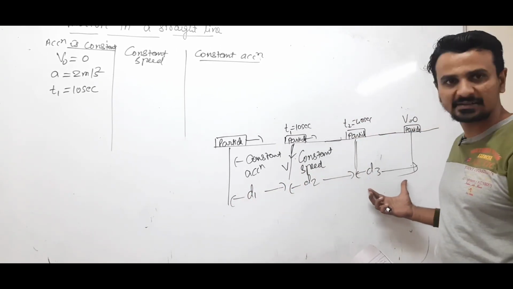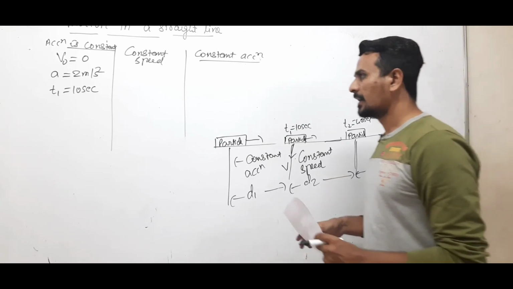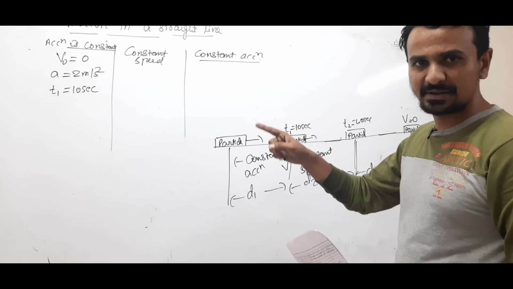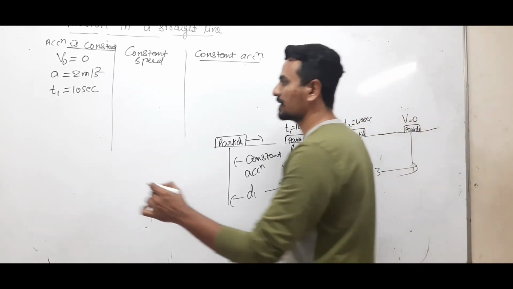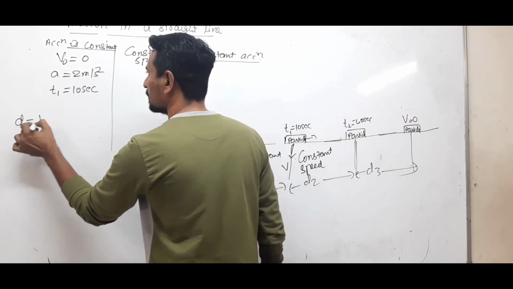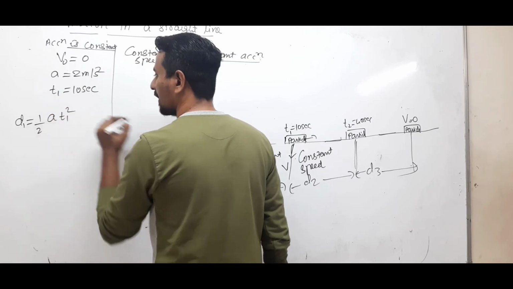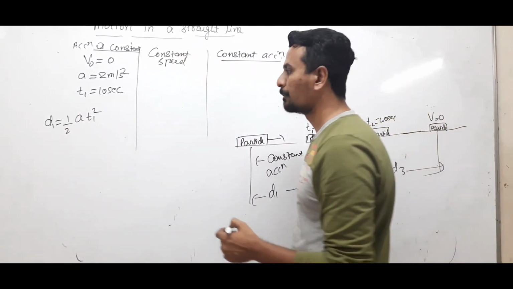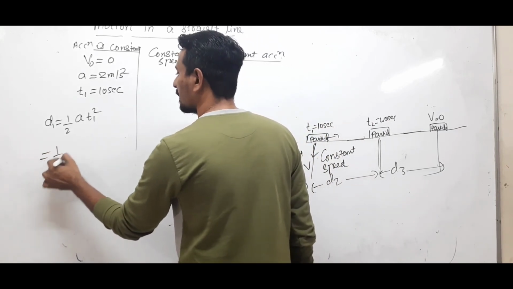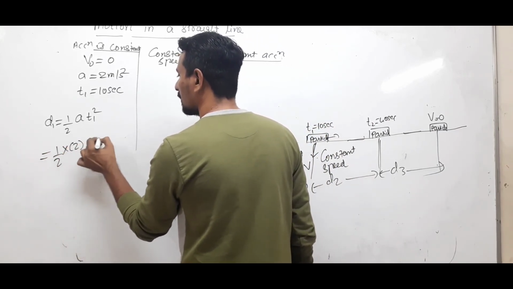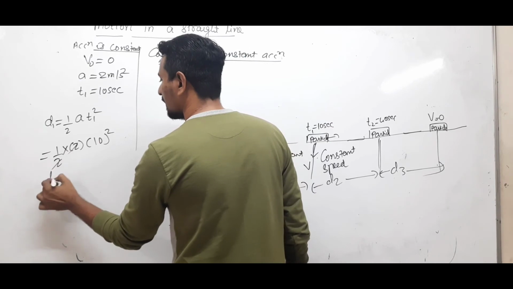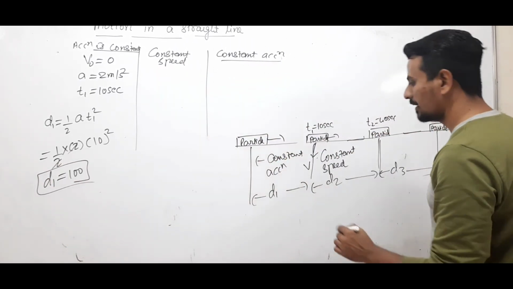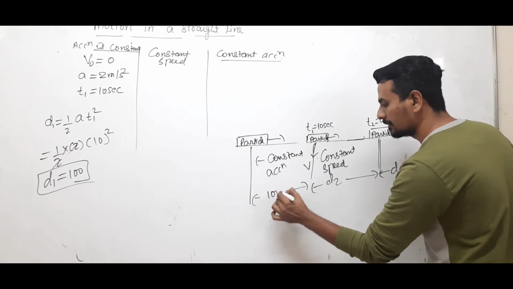Initial velocity is given as 0, acceleration is 2, time is given. So we can use the equation d1 equals half a t1 squared, since v0 is 0. So this will be half into 2 into 10 squared. So this distance will be 100.